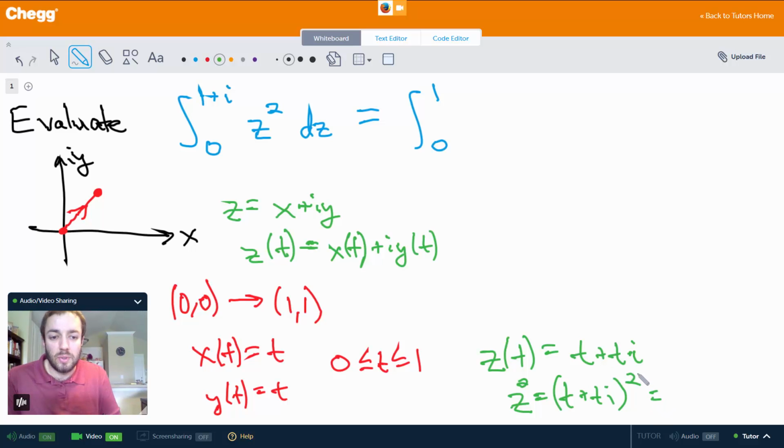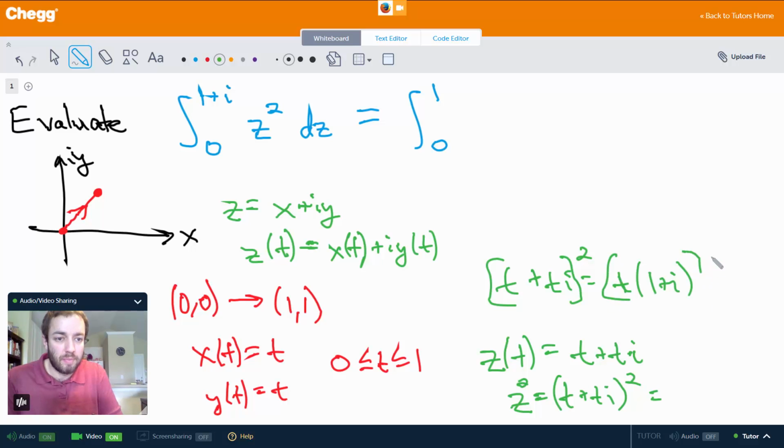Now we can make this a little bit easier on ourselves: t plus ti equals t times the quantity 1 plus i. So if we want to square everything, this squared is the same thing as t squared times (1 plus i) squared. Okay, so this is t squared times (1 plus i) squared.